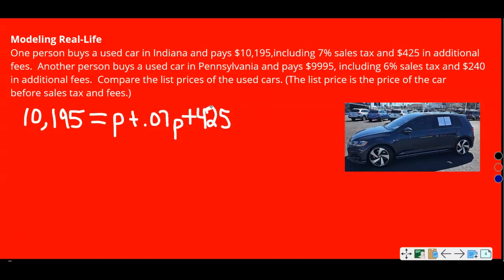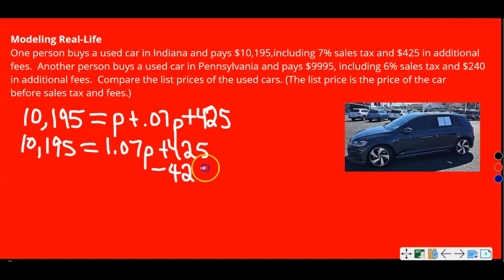All right, again, we're just looking at Indiana to get started, but we can go ahead and combine like terms. I've got $10,195 is my total cost. I've got the price plus the tax, so it's 1 plus 0.07, so 1.07p plus $425. Let's subtract the fees.